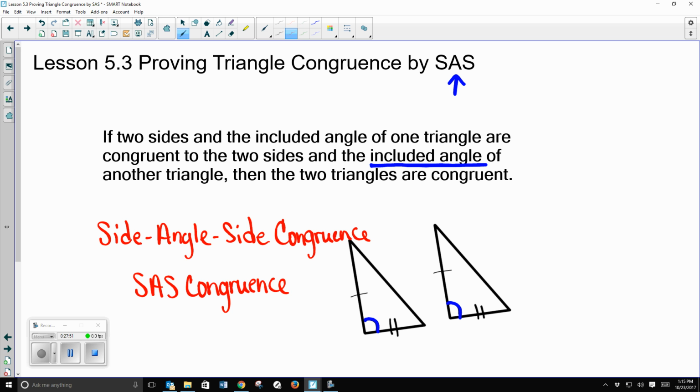There will be times that the book will answer something SAS. I want the word congruence next to it, because at some point we look at side, angle, side similarity, and there's a difference, so you need to differentiate between the 2 by putting congruence next to it. Yes? Where would the included angle be in that? Right here, between the 2 sides.